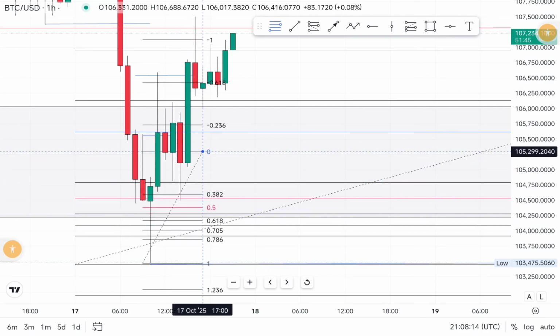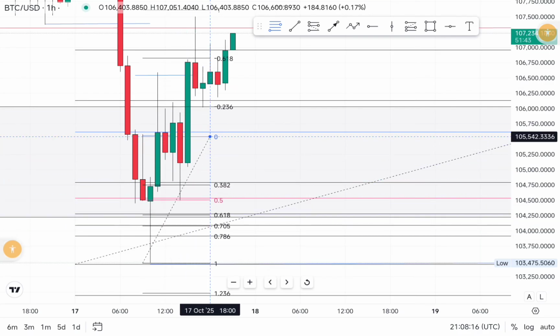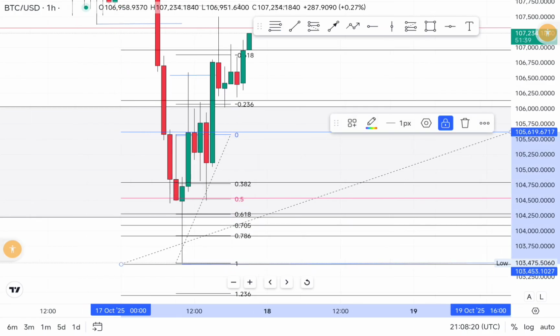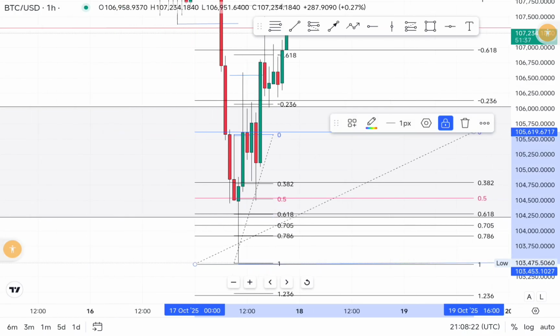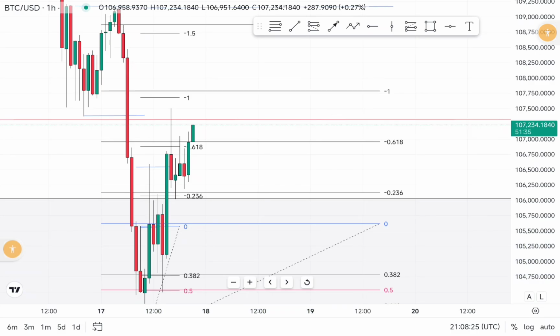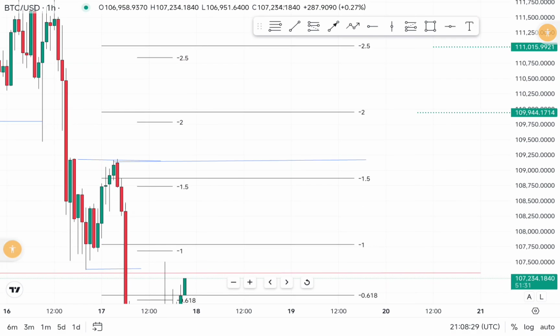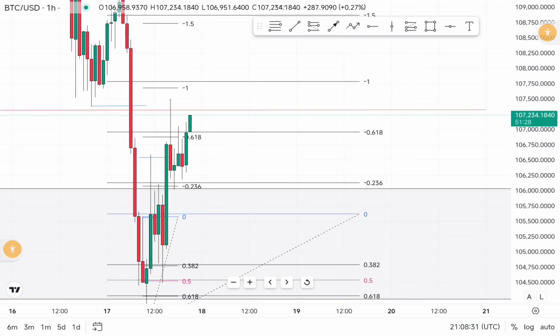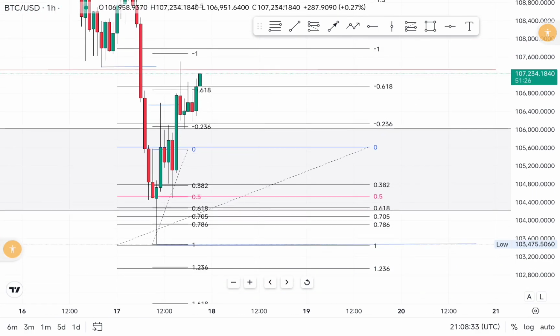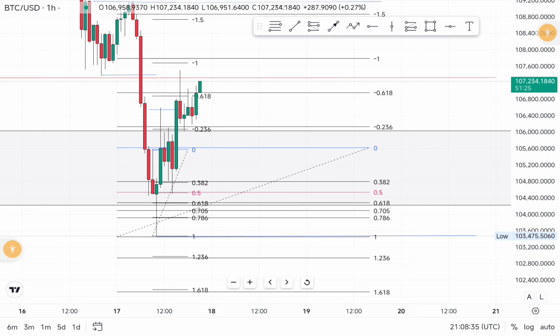Then we plot our Fibo deviation tool, which projects to -2 to -2.5.